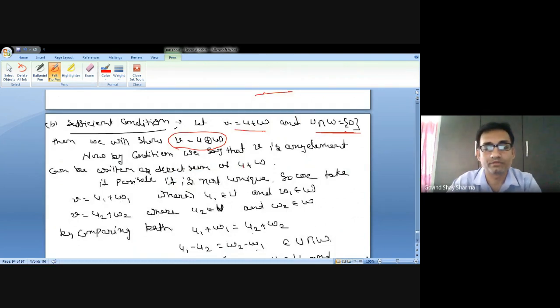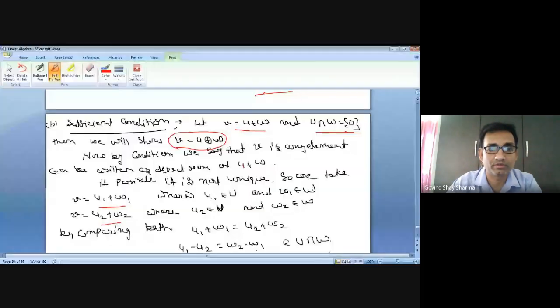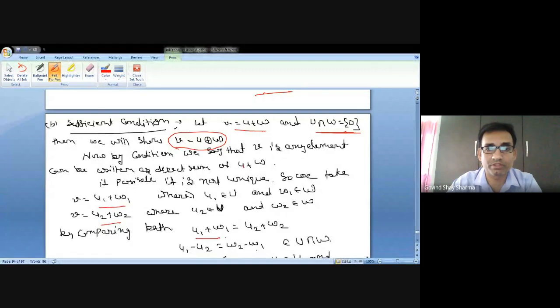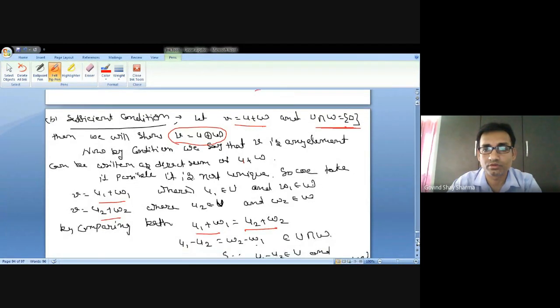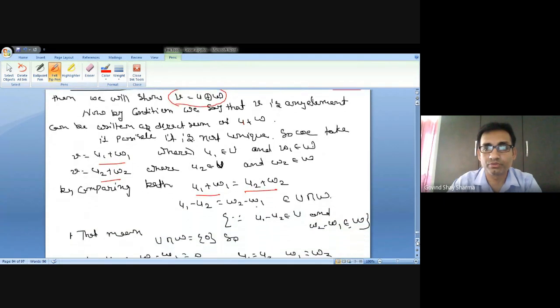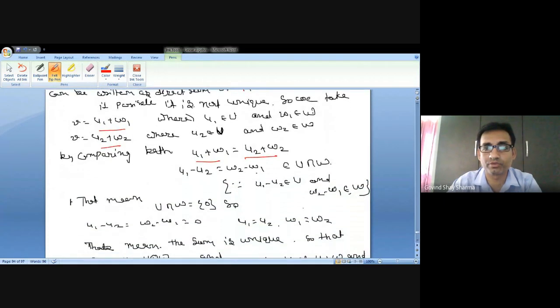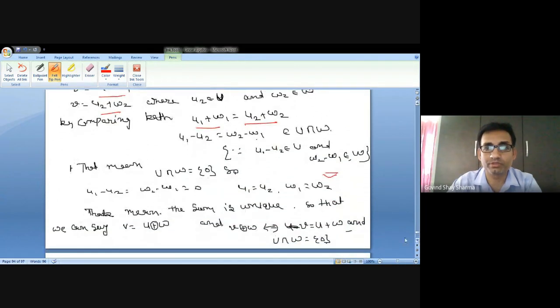So V can be written by two elements. We equate both elements. We get U1 is equal to U2 and W1 is equal to W2.